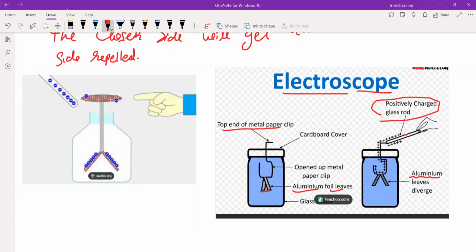Like charges repel, we are not saying that. This is just to determine what the charge of this rod is. That's it. The foil will move away here. In this case, this is for gold. The negatively charged rod was placed here, so it started moving away. So it shows that this rod is negatively charged.